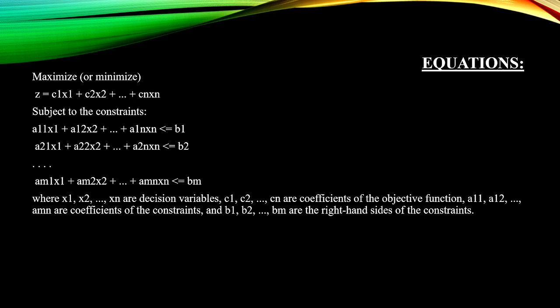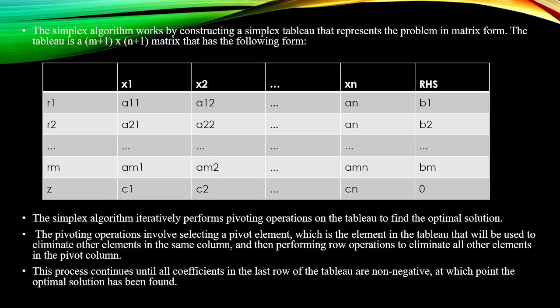These are the constraints for the given objective function, where x1, x2 and so on are decision variables, and c1, c2 and so on up to cn are coefficients of the objective function. A11, A12 and so on are coefficients of constraints. B1, B2 and Bm are RHS of constraints.